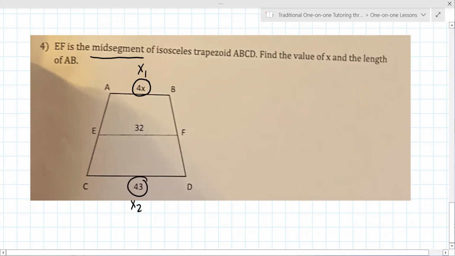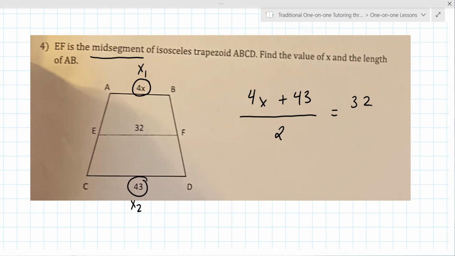So we have (4X plus 43) divided by 2 equals 32. Okay, let me just write those down.